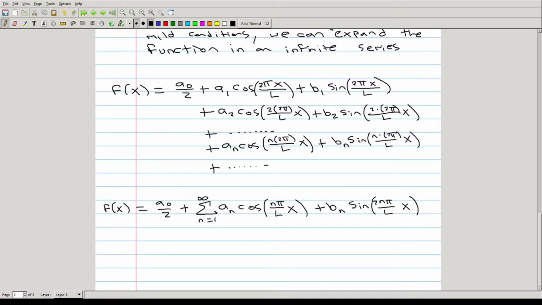Right, this is going to be 2n pi over L. This is going to be 2n pi over L.